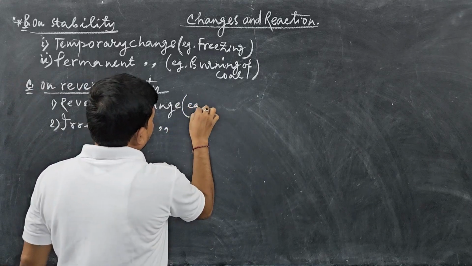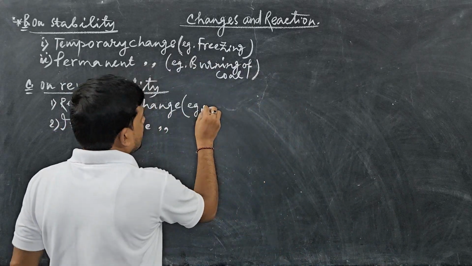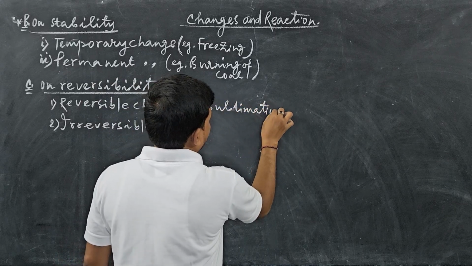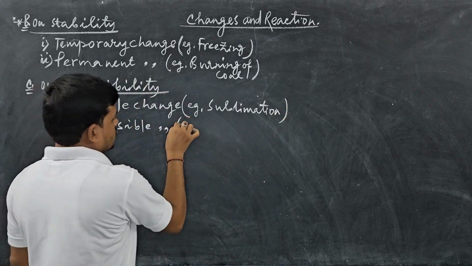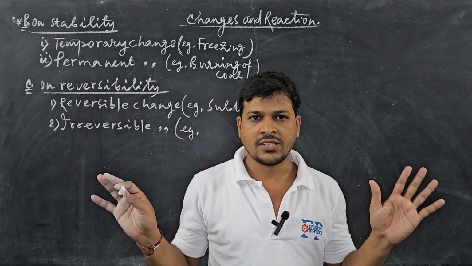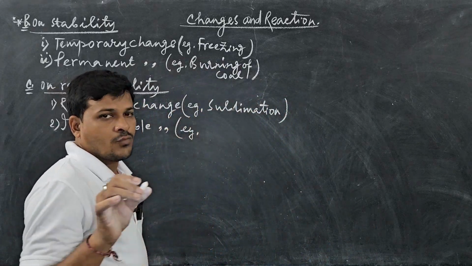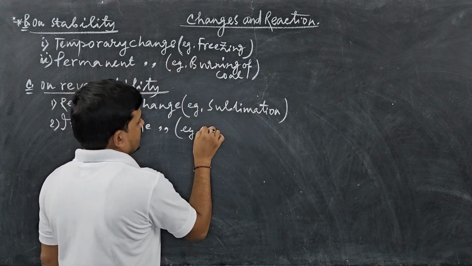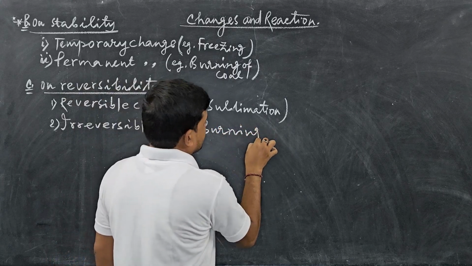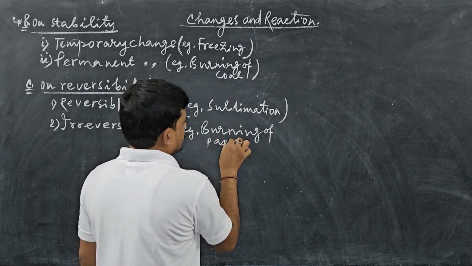Any chemical change is in general irreversible. Examples of chemical change are the neutralization reaction, digestion of food, and burning of paper.